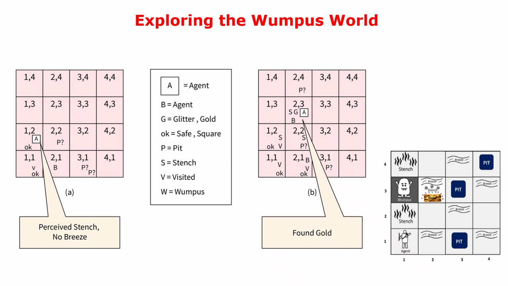After that condition, you cannot go to either 3 comma 3 or 1 comma 3, since there is a chance of the Wumpus. If you go to 1 comma 3, the Wumpus will pick the goal and kill the agent.